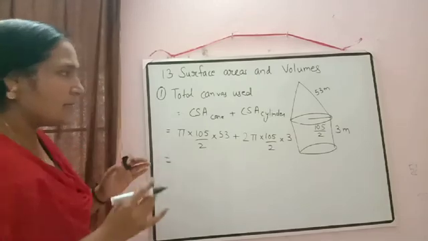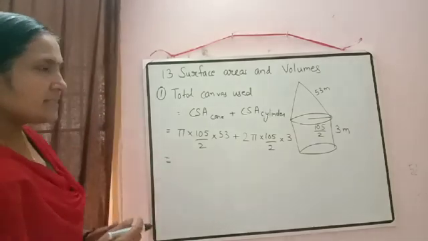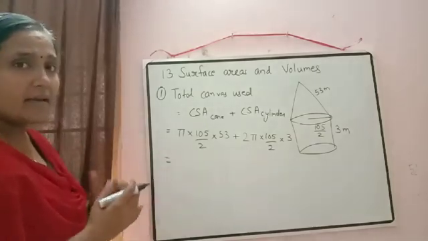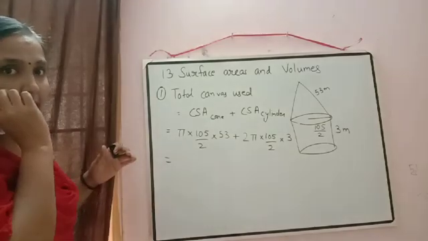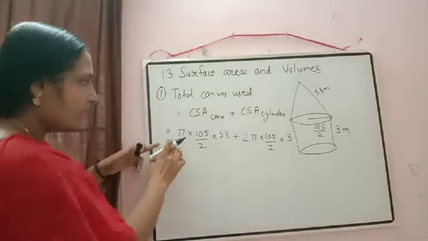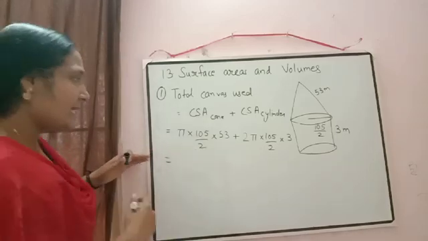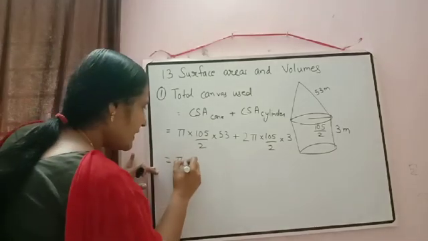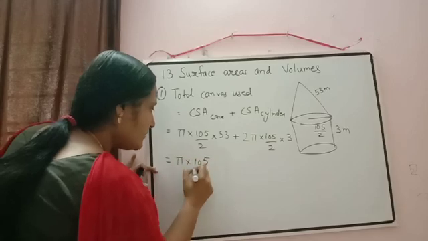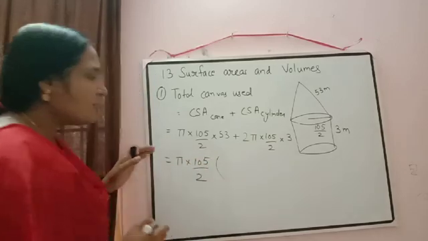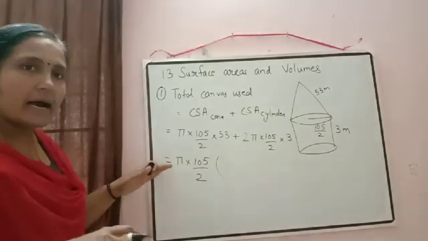Whenever you are doing the calculation, first check whether any common factor is there, so that you can take the common factor outside. Here pi is common, and 105 by 2 is also common. Take them outside. Substitute the value of pi at the last.